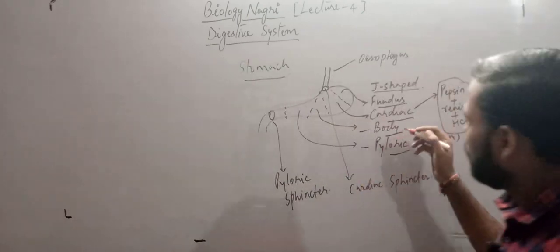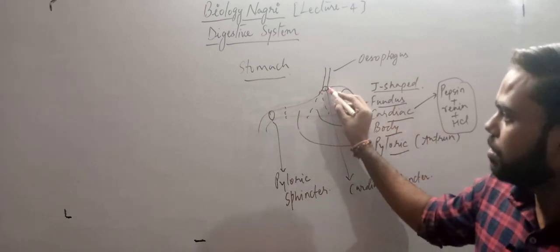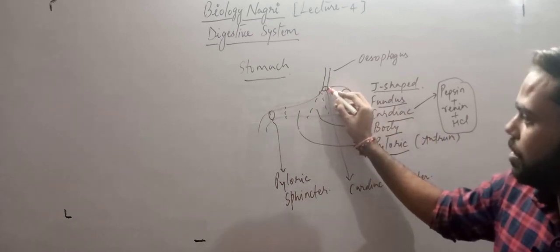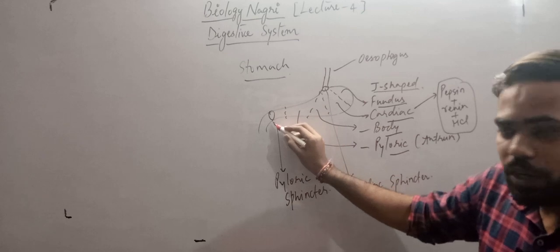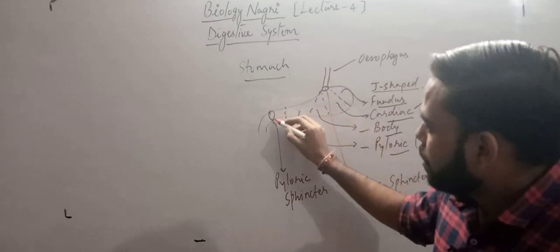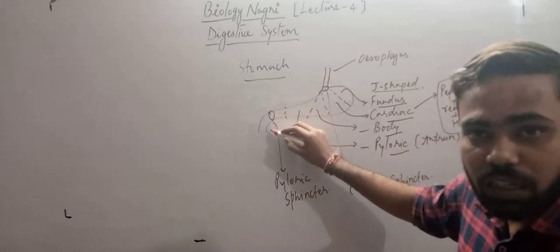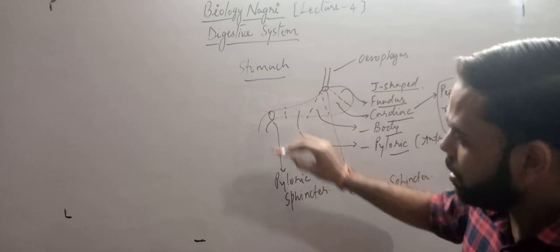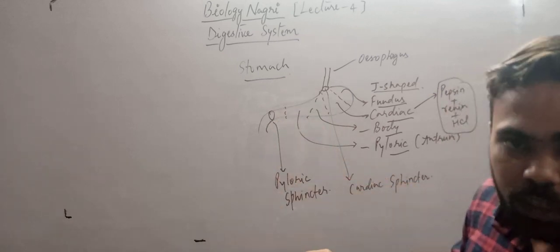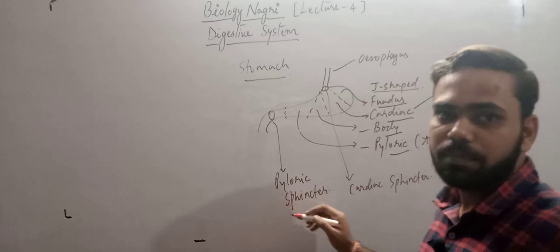Now, these 2 sphincters are the cardiac sphincter and the pyloric sphincter. After the pyloric sphincter, the small intestine starts.